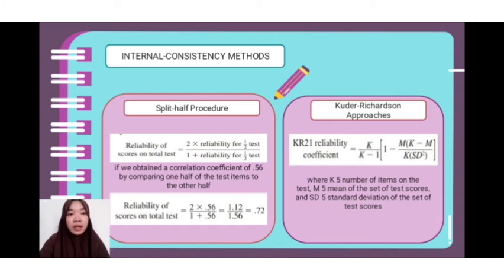Thus, if we obtain a correlation coefficient of .56 by comparing one half of the test items to the other half, the reliability of scores for the total test would be 2 times .56, which is 1.12, divided by 1 plus .56, which is 1.56, and the score is .72.